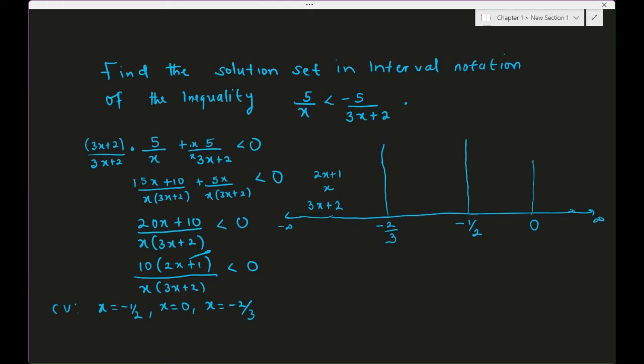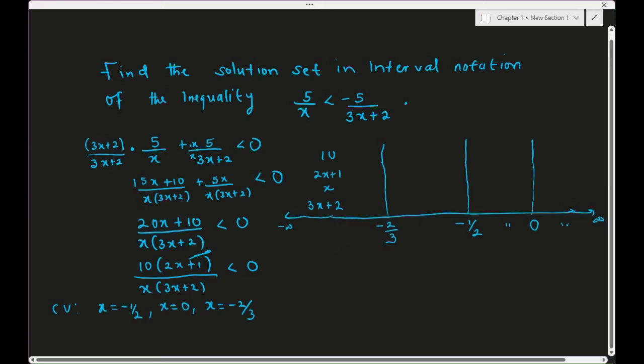But if you like, you can still put 10, it's okay, since 10 is a factor in the numerator. It's always positive. So we have about 4 intervals: 1, 2, 3, and 4.